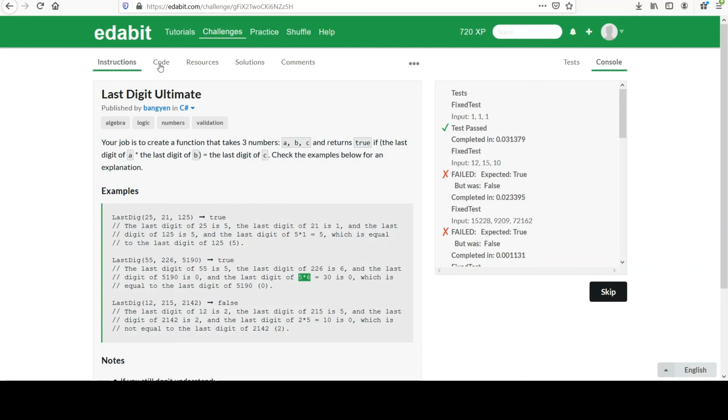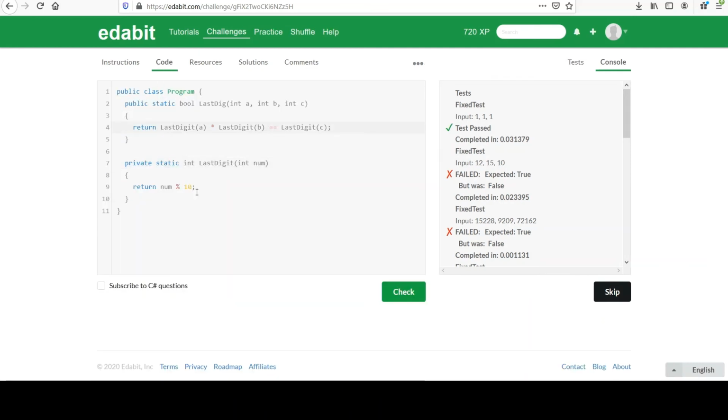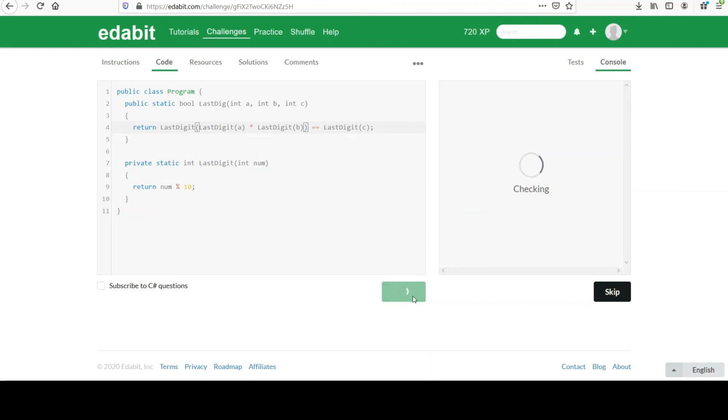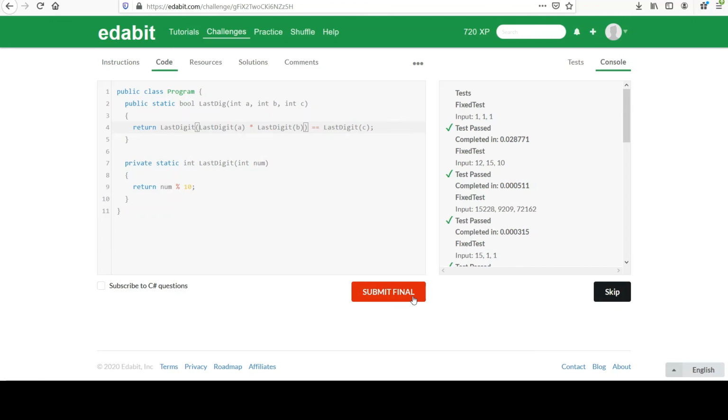So let's add that as well. lastDigit, and then we can just put parentheses around this product. We're taking the last digits, multiplying them, and then making sure we're grabbing the last digit of that product. I think this should clean things up. There we go, happy sounds.